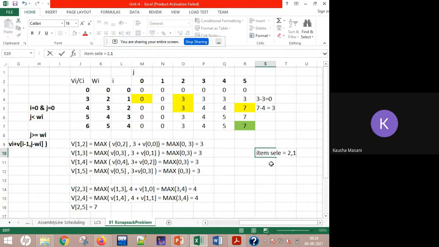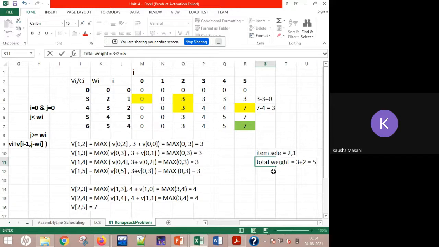So now you calculate the weight. What is the weight of item 1? Or you can say the total cost. First you see the weight. Weight of item 2 is 3. Weight of item number 1 is 2. So that is equal to 5. So I'm not exceeding my knapsack.